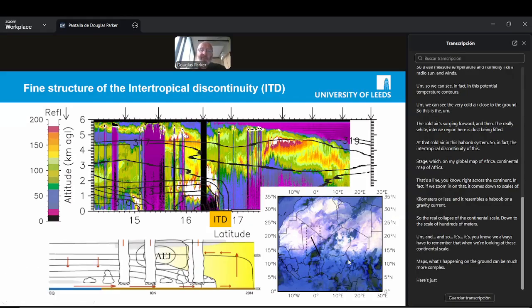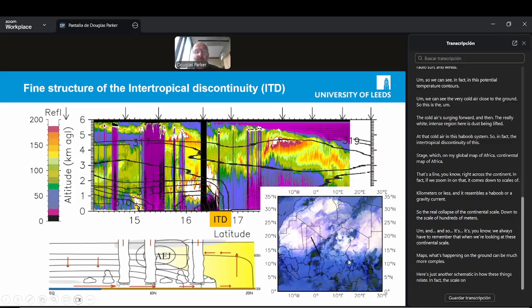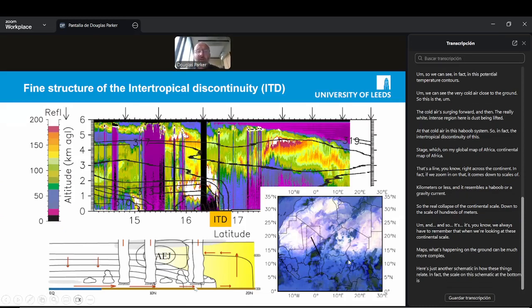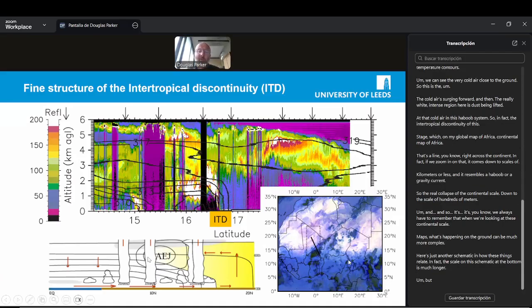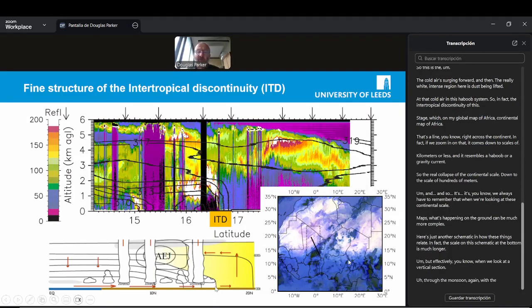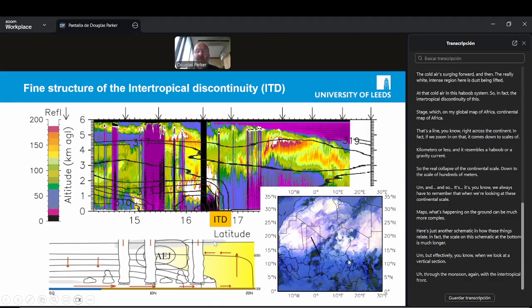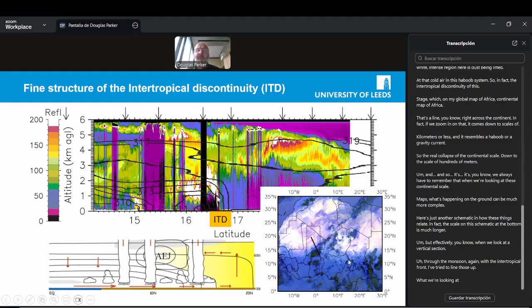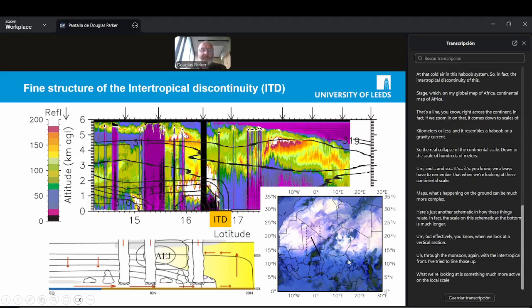Here's just another schematic and how these things relate. In fact, the scale on this schematic at the bottom is much longer, but effectively, when we look at a vertical section through the monsoon, again with the intertropical front, I've tried to line those up. What we're looking at is something much more active in the local scale.